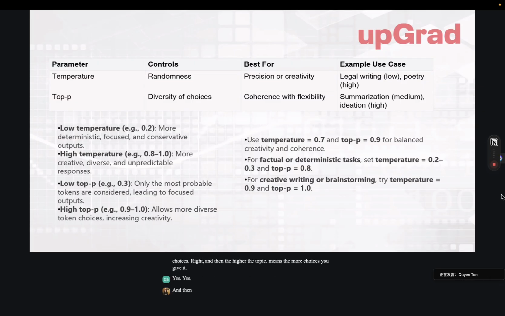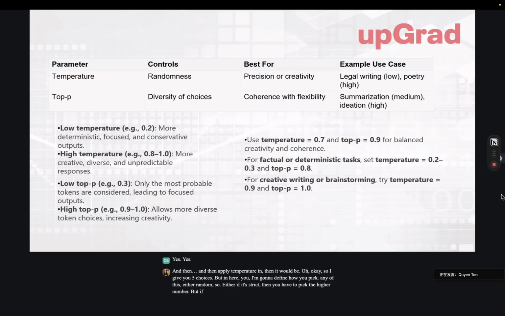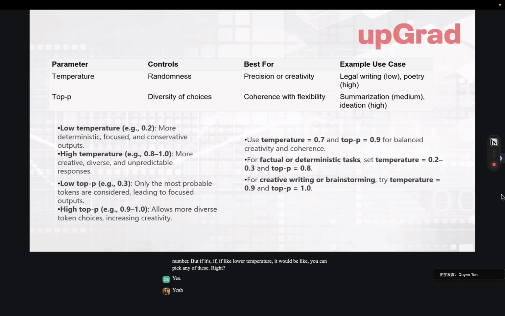And then you apply temperature: I give you 5 choices, but here I define how you pick among them. If it's strict, then you have to pick the highest probability one, but with a higher temperature you can pick any of these. Yeah, so that's how I understand it. Yeah, that's fine.